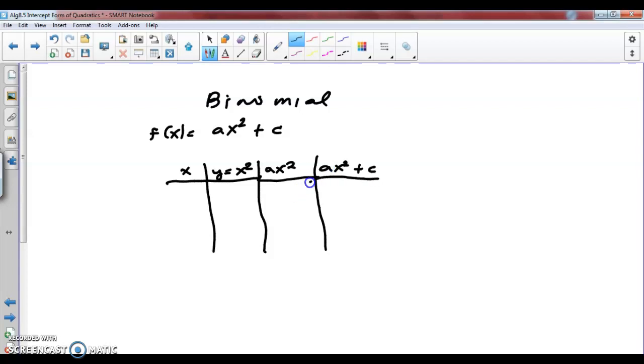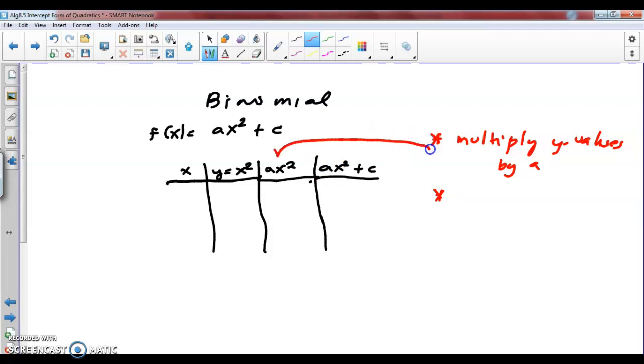Alright, so let's write down the steps. Well, first, you multiply y values by a. Okay, so that's this column. You multiply the y values by a, that's your ax squared.